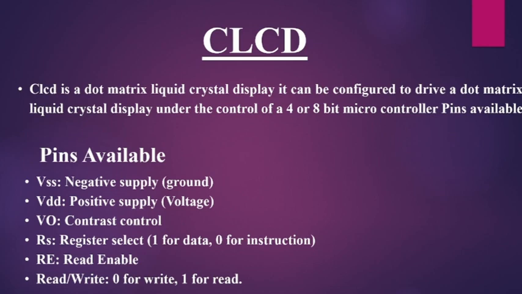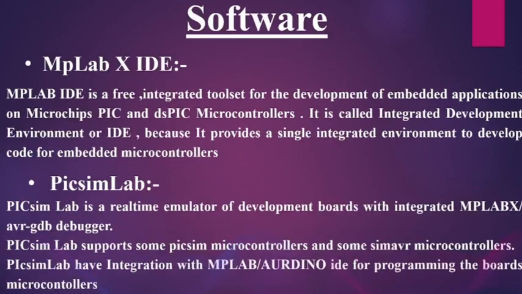VSS is for negative supply, ground. VDD is for positive supply, that is voltage. VO is contrast control. RS is register select, 1 for data, 0 for instruction. RE is read enable. Read or write is 0 for write and 1 for read.